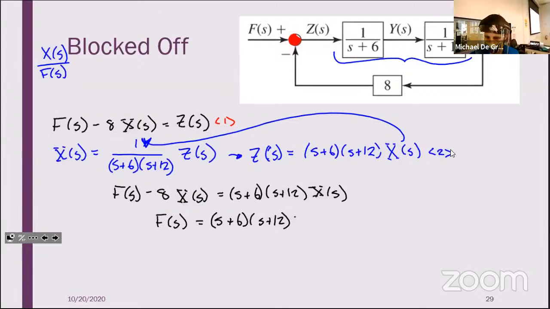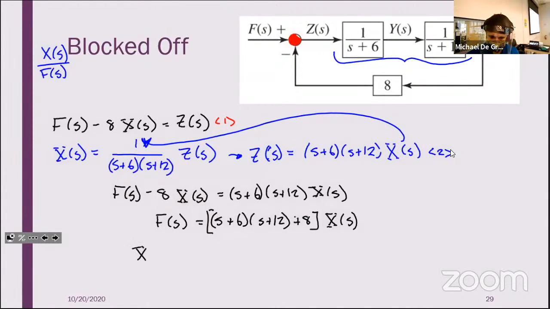Because it doesn't buy me anything at this point. In the add-on to this class, which is a feedback controls class, you want to be able to tell what your poles and zeros are. We'll talk about poles and zeros very shortly, for very little time, because it doesn't really affect what we're doing, but that's kind of where this is going.